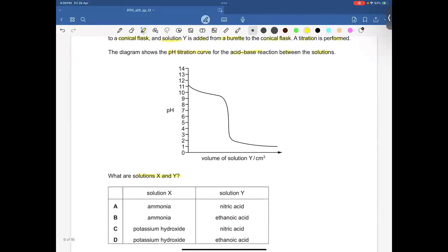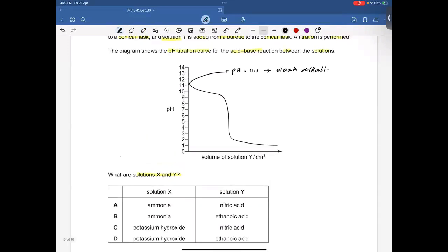First of all, look at this value. This must be something around 11.1. The pH is 11.1, and I've told you in the class, this pH shows a weak alkali.